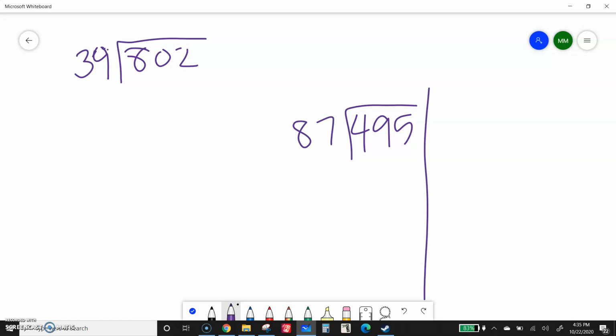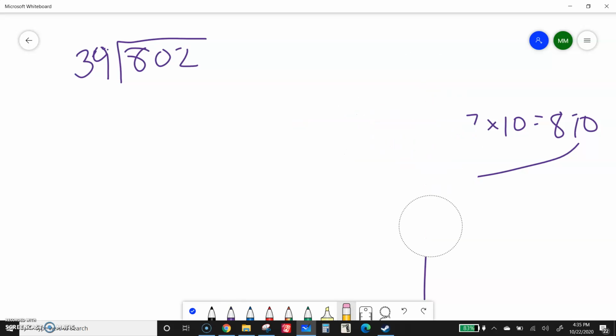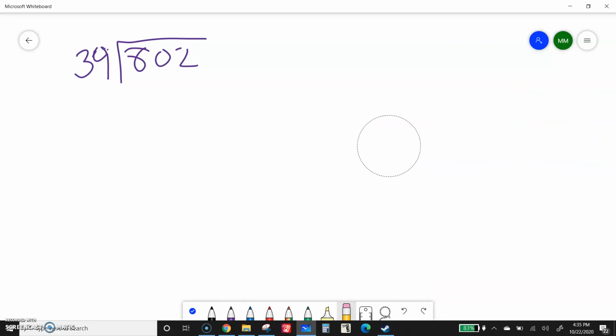Well, I can't even get 10 groups, because 87 times 10 is 870, which is too big. So then I'm essentially guessing, like, okay, can I get 5? Can I get 4? Can I get 3? I think the partial quotients method works the best when I can get at least one group of 10 out. Okay, back to the problem.